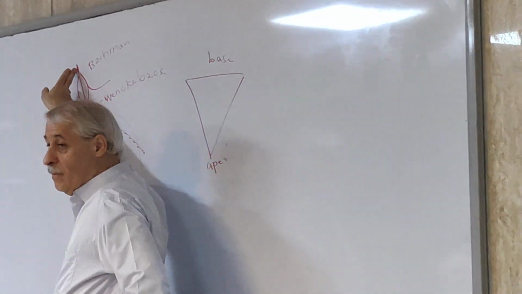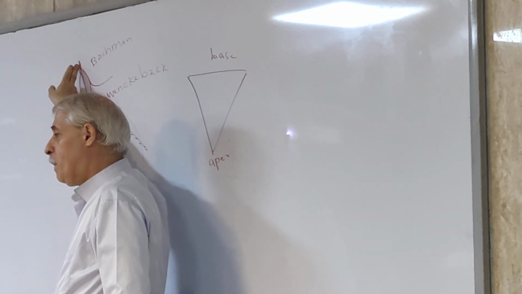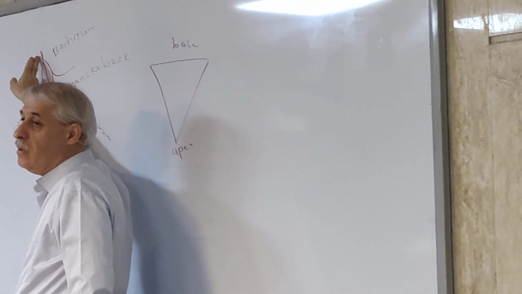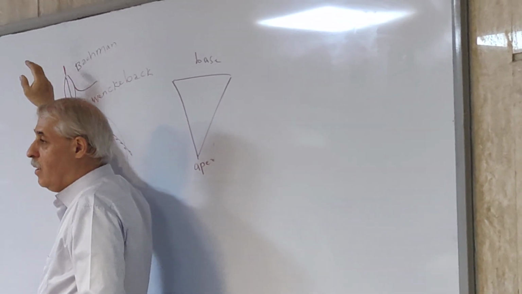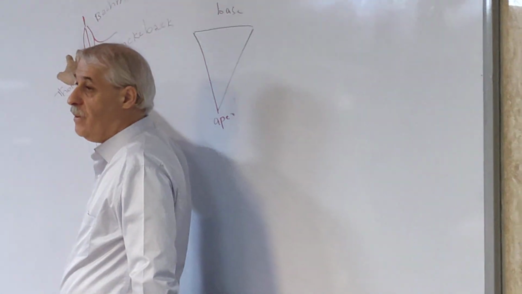Here's a node, the sinoatrial node, which was discovered by two American physiologists, Keith and Flack. Internodal pathways.